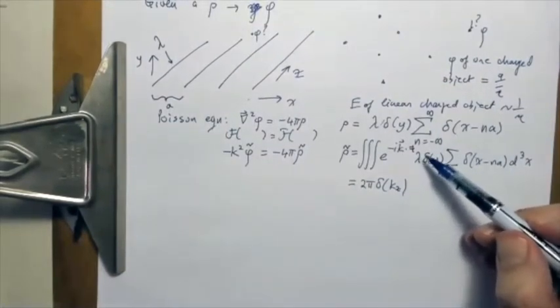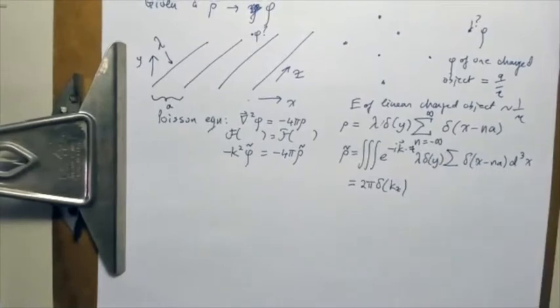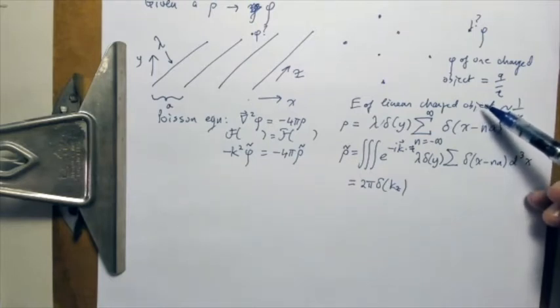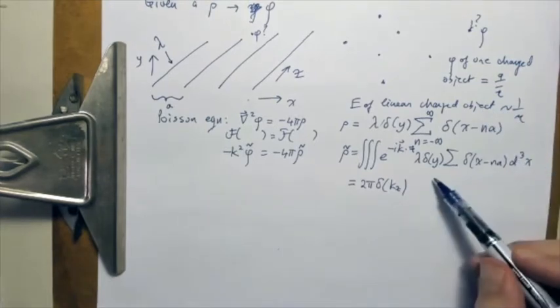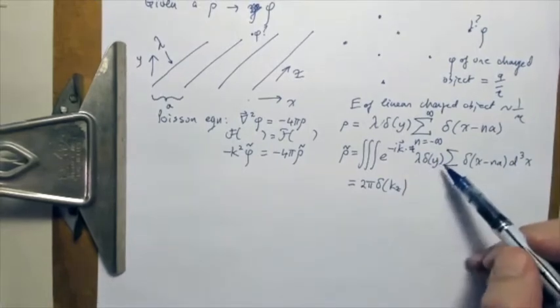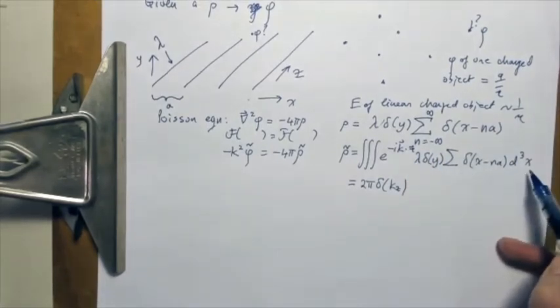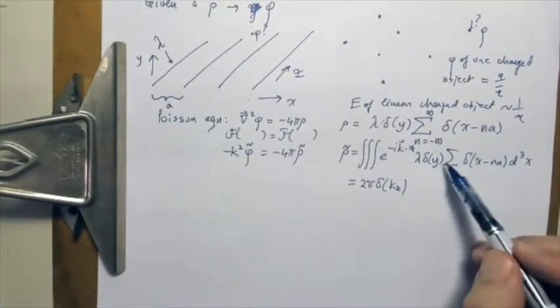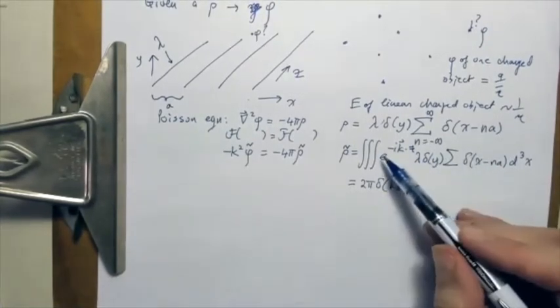Now our delta function for y means that when we take the Fourier transform, the integral over dx, dy, dz just picks up a factor of 1, because this thing at y equal to 0 is just 1.